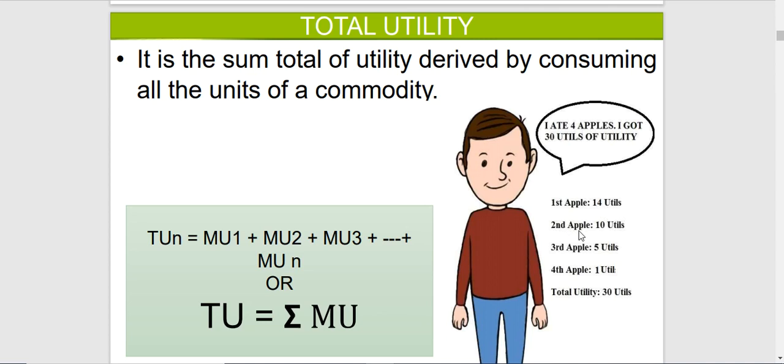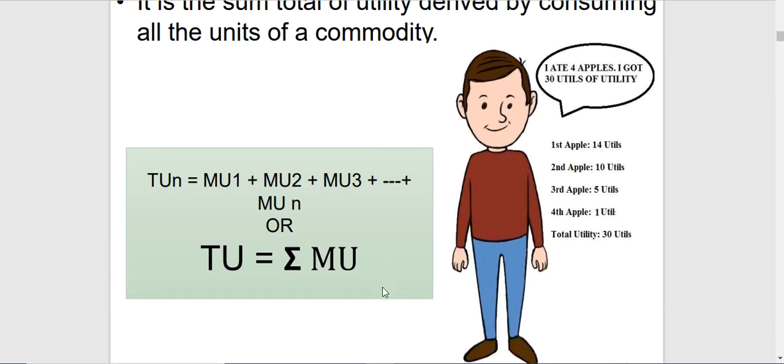Second apple gives him 10 utils. Third apple gives him 5 utils. Fourth apple gives him 1 util, such that when you sum it up, the person on consuming 4 apples gets 30 utils.